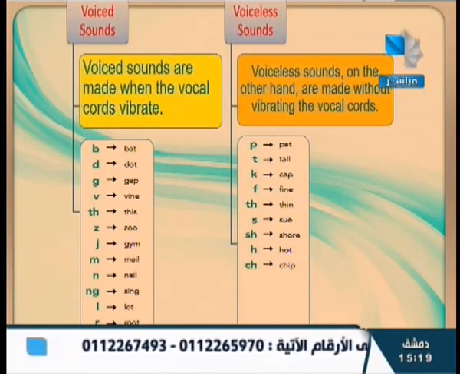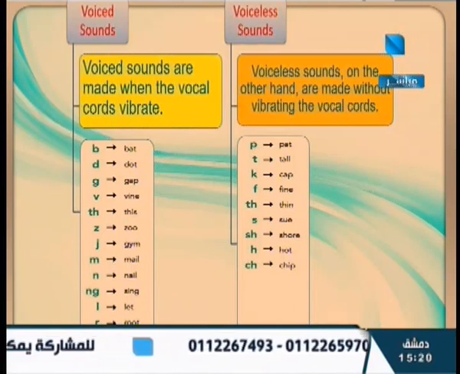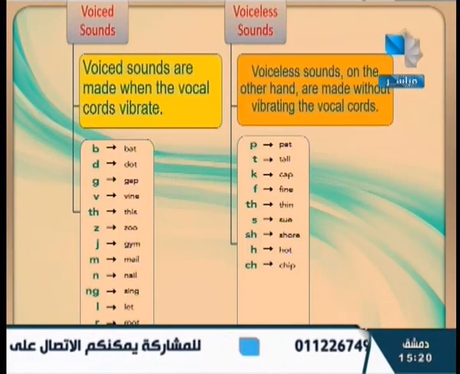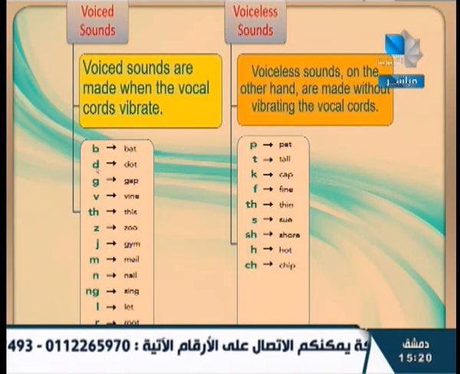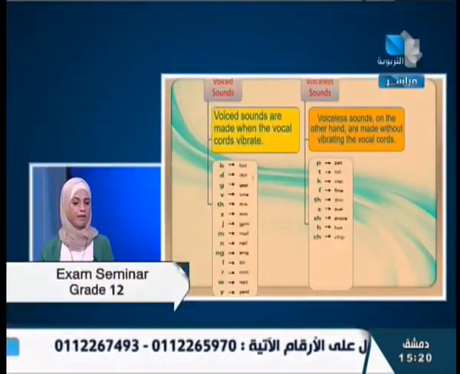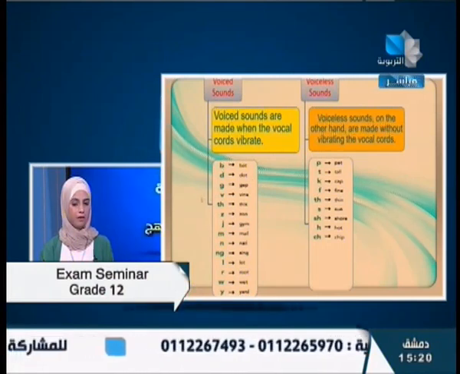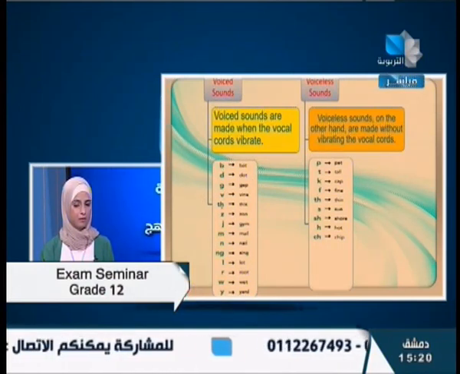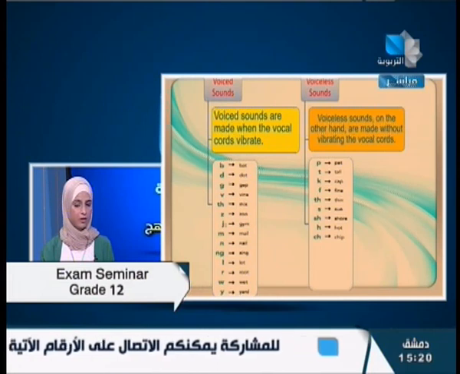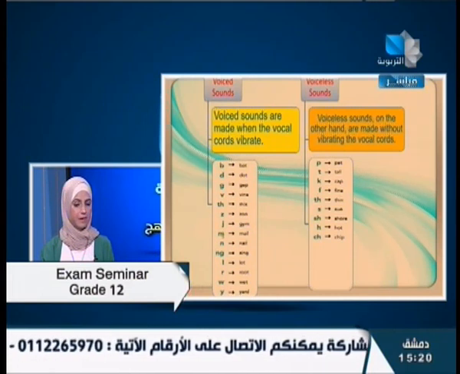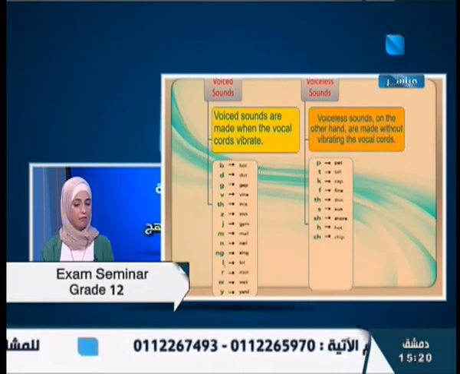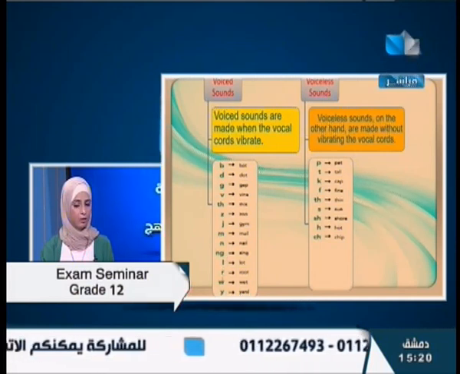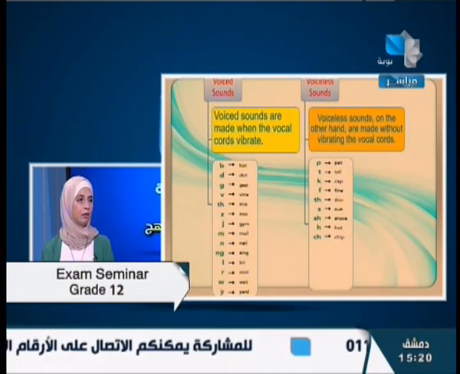Let's try to mention them one by one, please. The voiced sounds: B, like bat; D, dot; G, gap; V, vine; th, this; Z, zoo; J, jam; M, male; N, nail; ng, sing; L, let; R, root; W, wet; Y, yard.